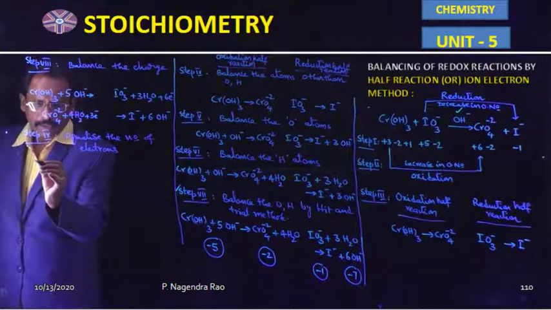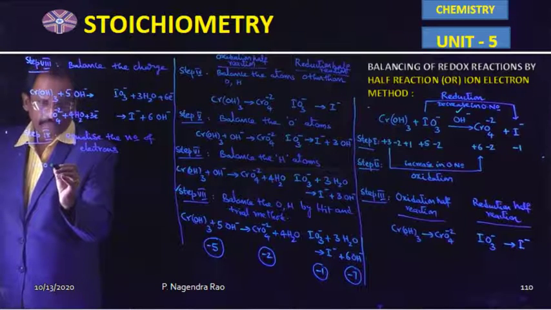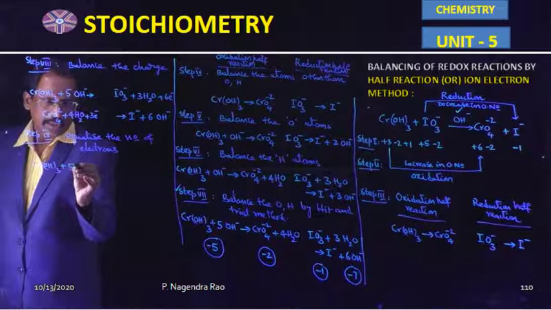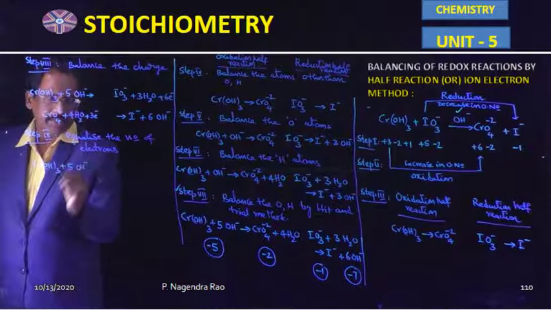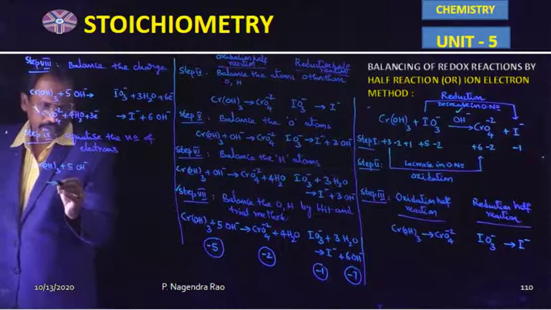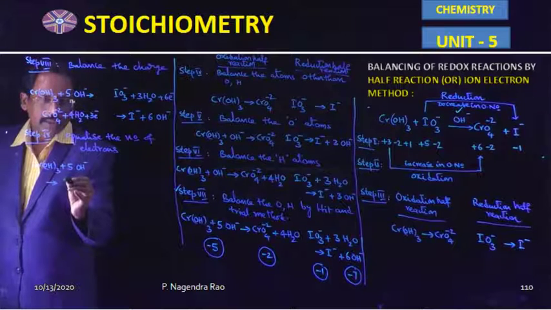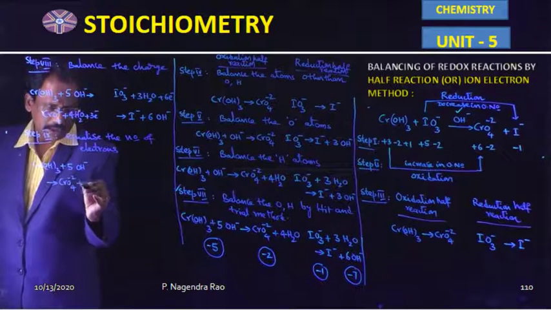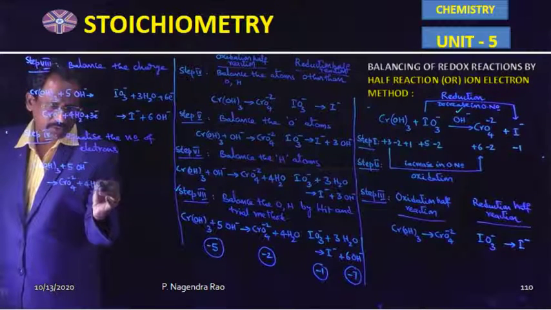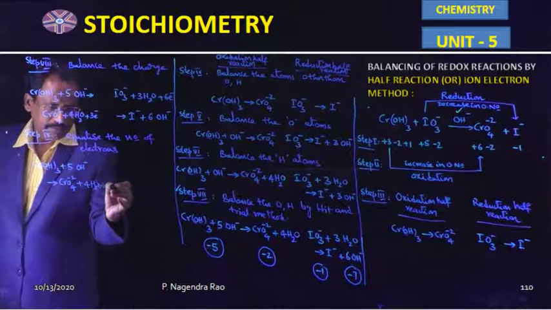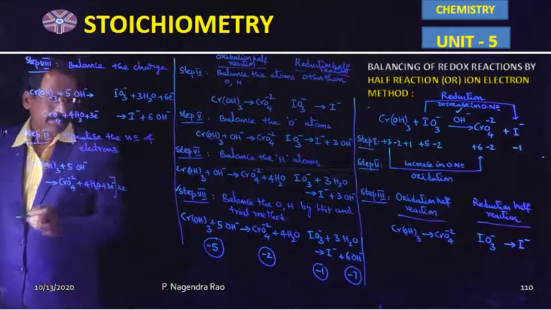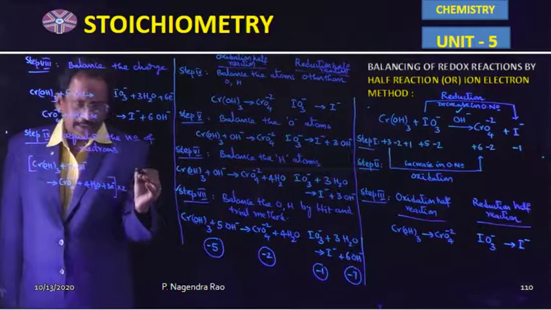So CrOH thrice plus 5 OH minus gives rise to CrO4 minus 2 plus 4H2O plus 3 electrons, all into 2, and this is into 1.